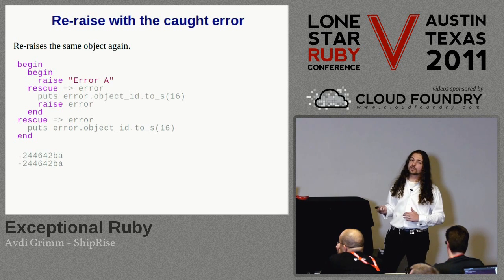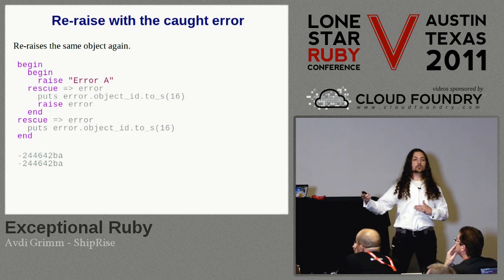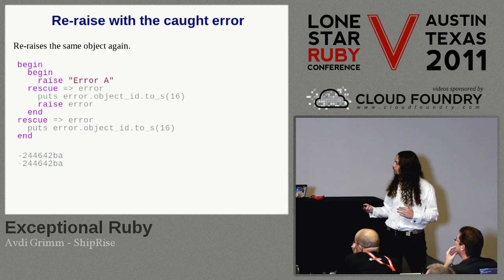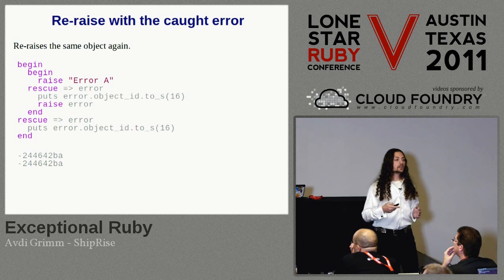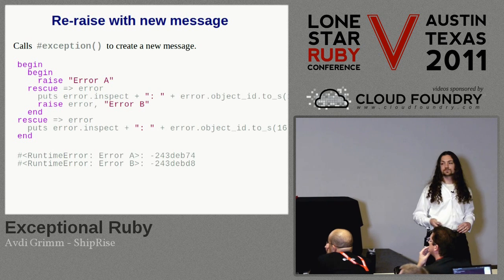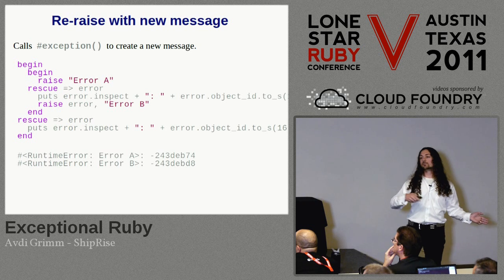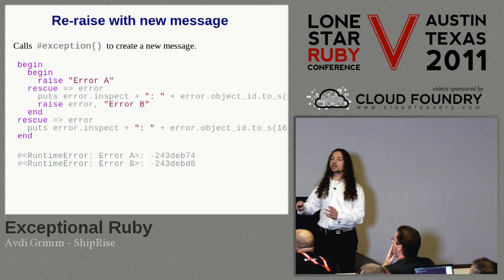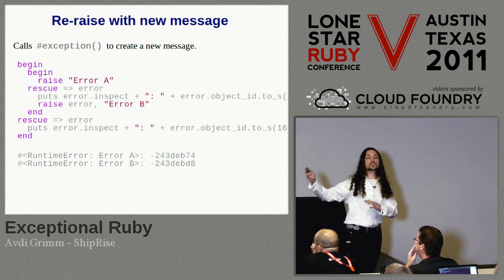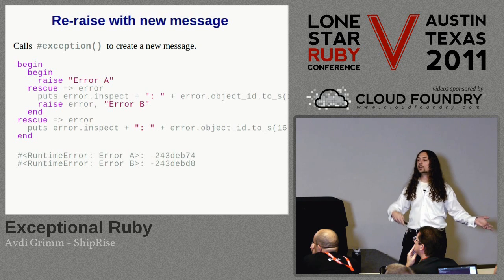If you re-raise, you can re-raise the exception that you rescued, and this will simply raise the exact same object with no changes. You can re-raise the same exception but with a new message, and this will actually use the .exception method to generate a new exception based on the old exception, except with your new message.